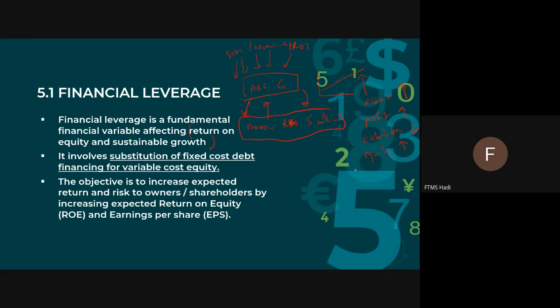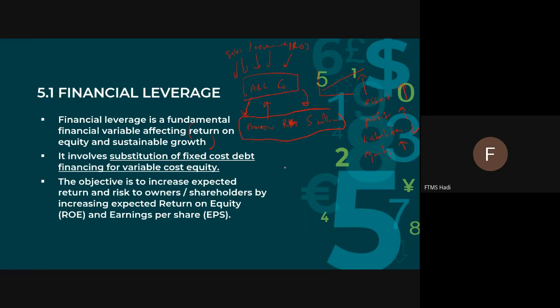So we're talking about growth: assets increasing, profit increasing, equity increasing, liability decreasing. One of the main objectives is to make sure the company doesn't take on so many borrowings or debts, because it will lead to bankruptcy. It involves substitution of fixed cost debt financing for variable cost equity.